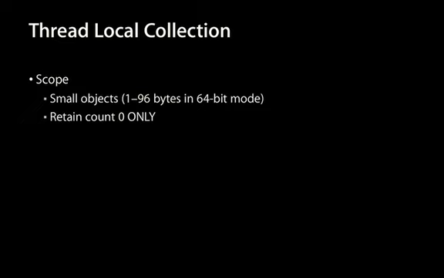So it simplifies the collector to only support the smaller size. It makes it faster. It also only supports objects that have retain counts of 0, which is what you get when you create Cocoa objects. Core Foundation objects start off with retain count 1, and you have to CFRelease them to get rid of them. They're off the table for now.